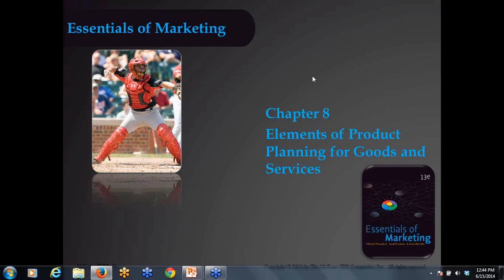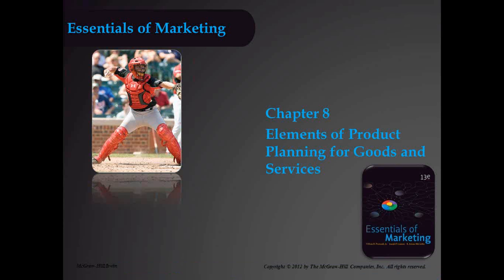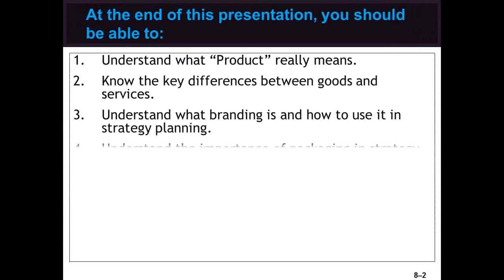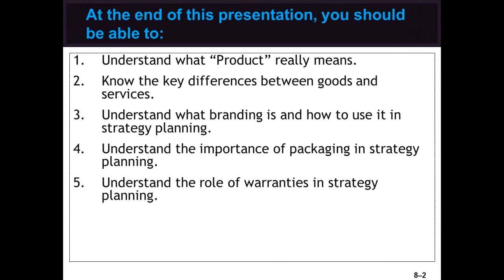Chapter 8, Elements of Product Planning for Goods and Services. Throughout this discussion, we're going to discuss what product, which is one of the 4 P's, one of the parts of the marketing mix, really means.